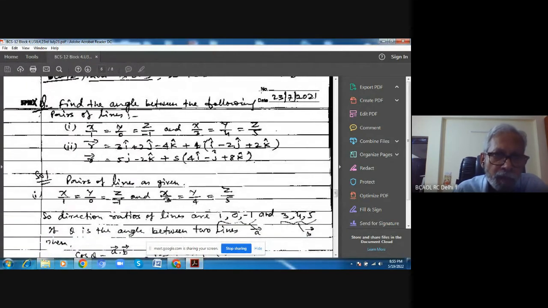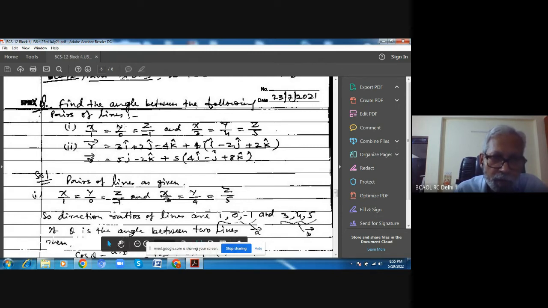Then find the angle between the following pair of lines. Yesterday I have shown you दोनों में angle कैसे निकालना है. Same thing you have to take. Here the bracket portion is the angle cosine formation, this is the main formation. So on the pair of lines, x by 1, this is the 1, yes 1, and the y part is 0, z is -1.